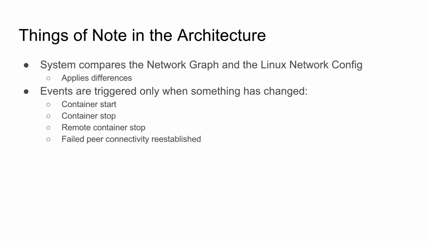The other thing to mention is that Spanneti is designed right now so that it only reacts to changes in Docker. It's possible for a compute node to completely crash and restart, and for all the peers to be unaware.